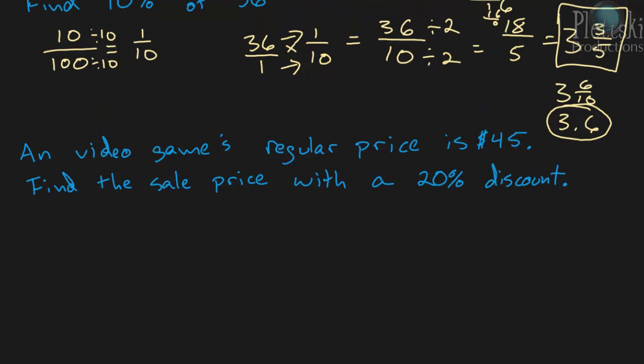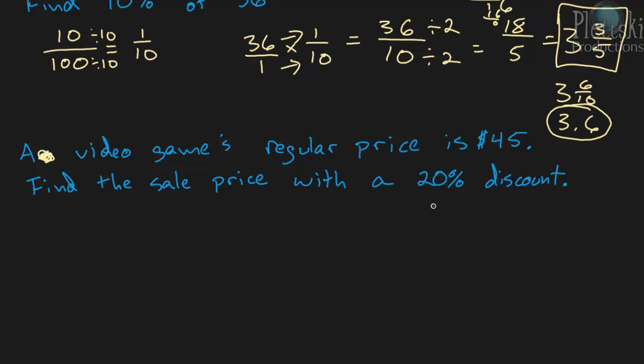Okay, last problem. Now this is a word problem, and it's something that you'll come into contact with when you're shopping. So a video game's regular price is $45. Find the sale price with a 20% discount.